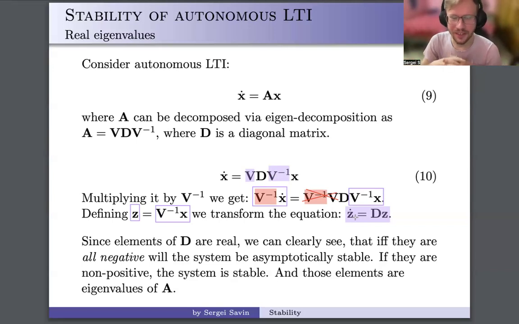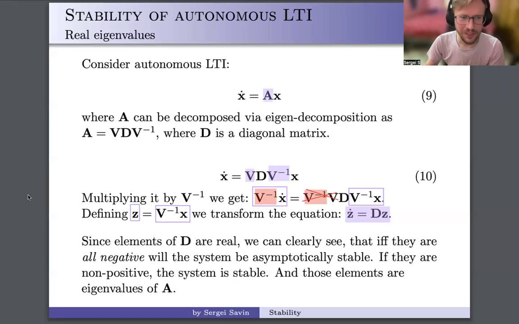We know that in this case, the system will be stable if elements of D are all non-positive, so negative or zero. It will be marginally stable if there are zeros on the diagonal. It will be asymptotically stable if all elements of D are strictly negative. But elements of D are again eigenvalues of the matrix A.